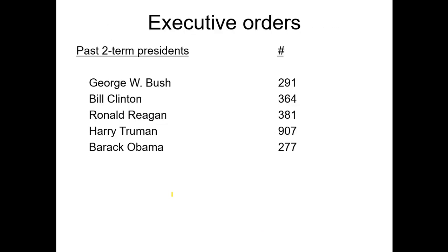Now, when we look at the number of executive orders that have been enacted over the past few decades, Harry Truman was quite prolific. He was doing a lot of restructuring in the aftermath of World War II, kind of preparing for the Cold War that was brewing between us and the Soviet Union. So you can see some of the comparisons there of past presidents who were in office for 8 years.